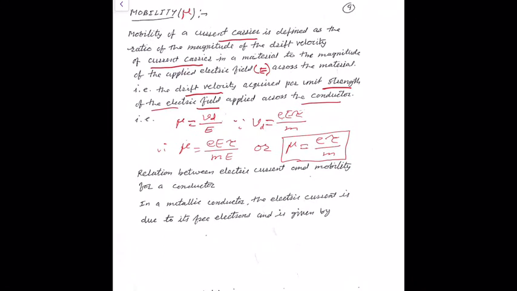Relation between electric current and mobility for a conductor.